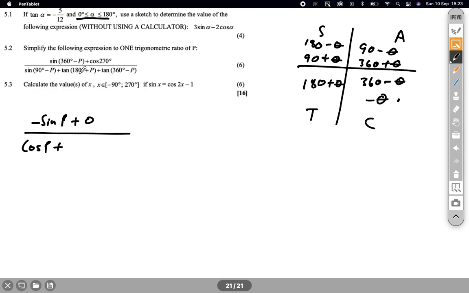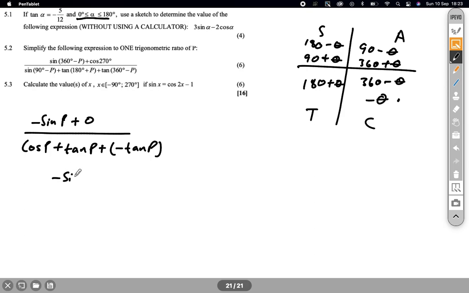Then we have tan of 180 plus p, which is in the third quadrant, and tan is positive there, so this becomes tan of p. And then tan of 360 minus p is in the fourth quadrant, where tan is negative, so this becomes negative tan of p.